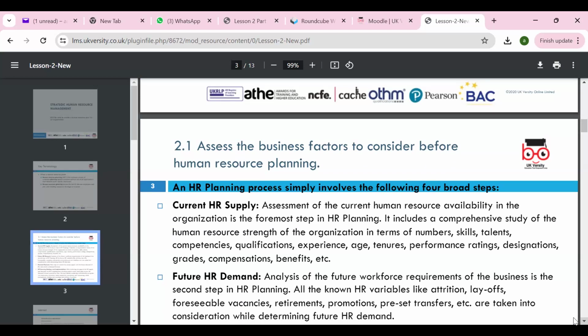It involves a comprehensive study of the human resource strength of the organization in terms of number, skills, talent, competencies, qualification, experience, age, tenure, performance rating, designation, grade, compensation, and benefits.